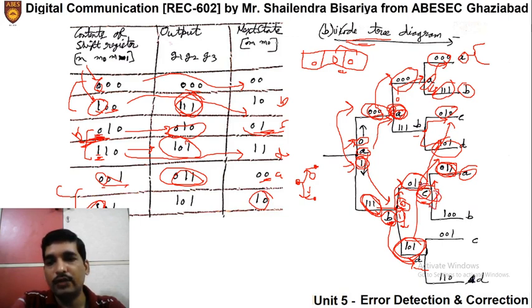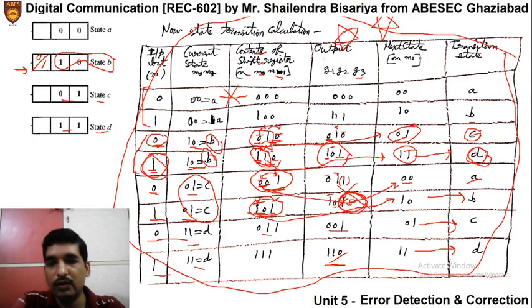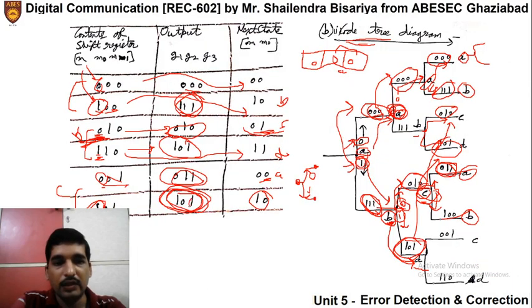If the input is 1, the state will be 10, that means B, and the corresponding output is 100. As I said, I made a mistake in the last slide; it was 100, so I have corrected it.